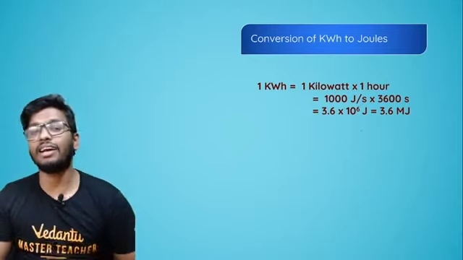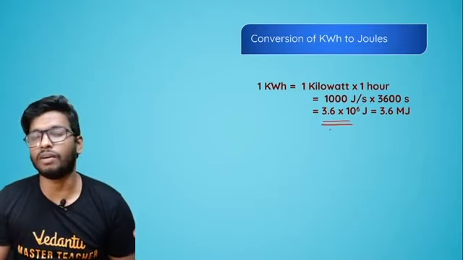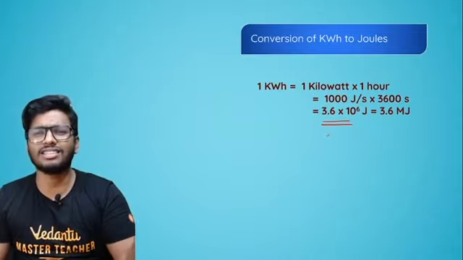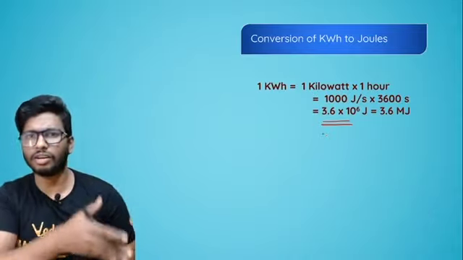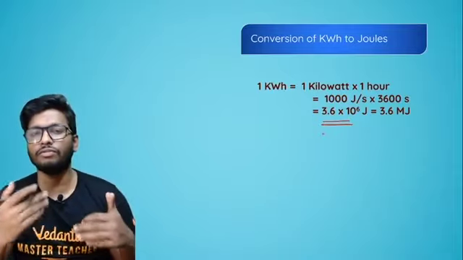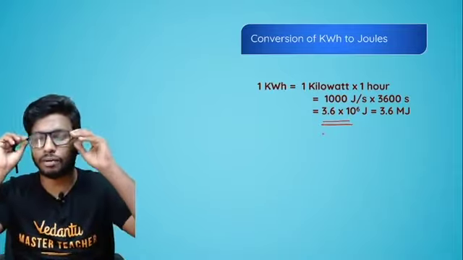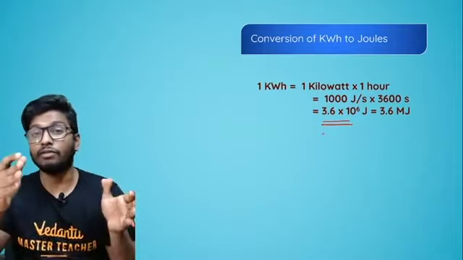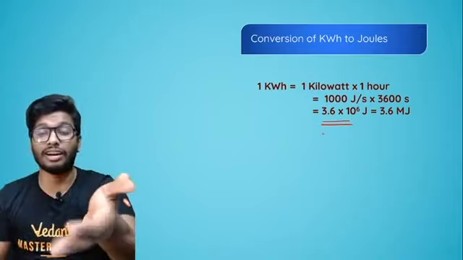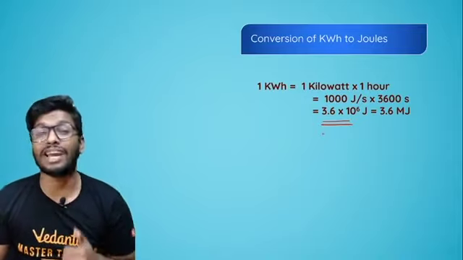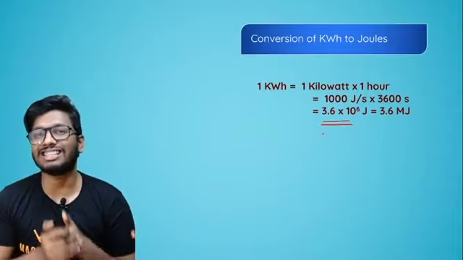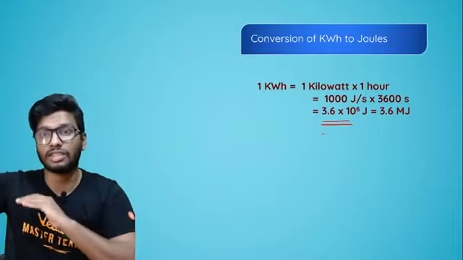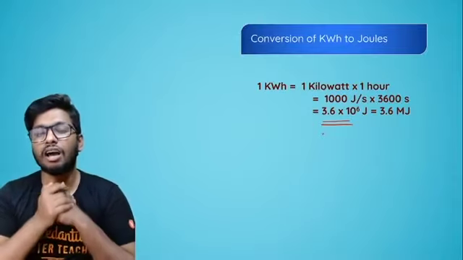So multiply that, you'll get 36 into 10 to the power 5, which if you simplify it further, is 3.6 into 10 to the power 6 joules. As simple as that. If you want to write that in megajoules, you can write it as 3.6 megajoules, because mega is 10 to the power 6.